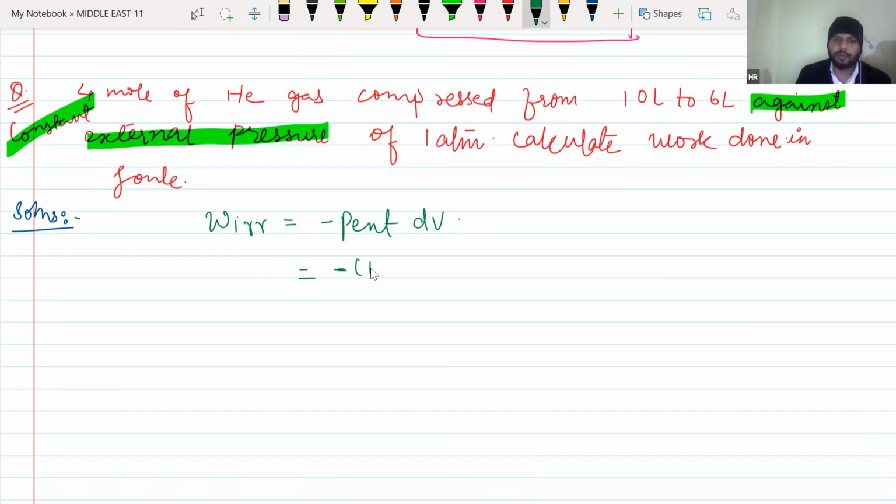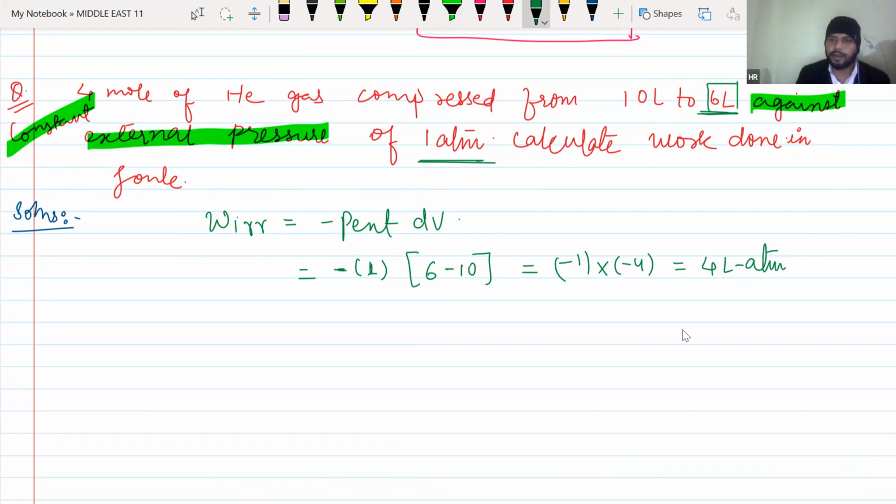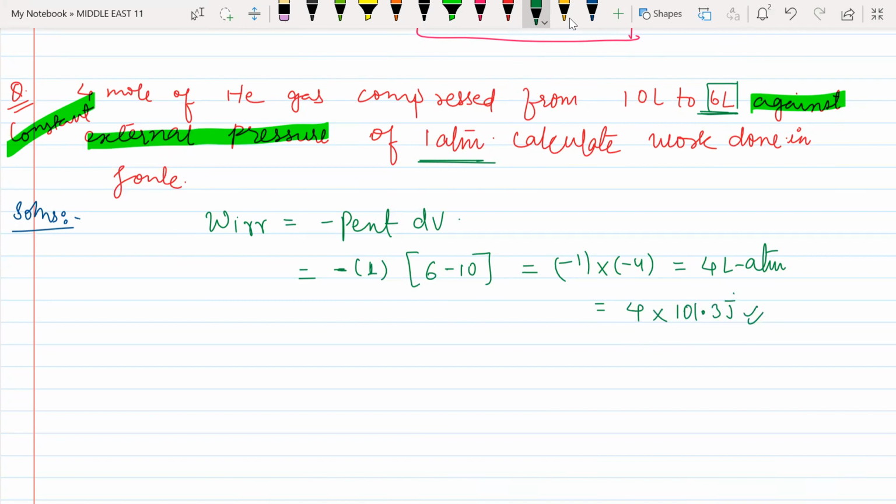P external is 1 atm, and dV is final volume minus initial volume. Final volume is 6 liter, 6 minus 10, so it will be minus 1 into minus 4, equal to 4 liter atm. And in joule, it will be 4 into 101.3 joule. Okay, take your time and write it.